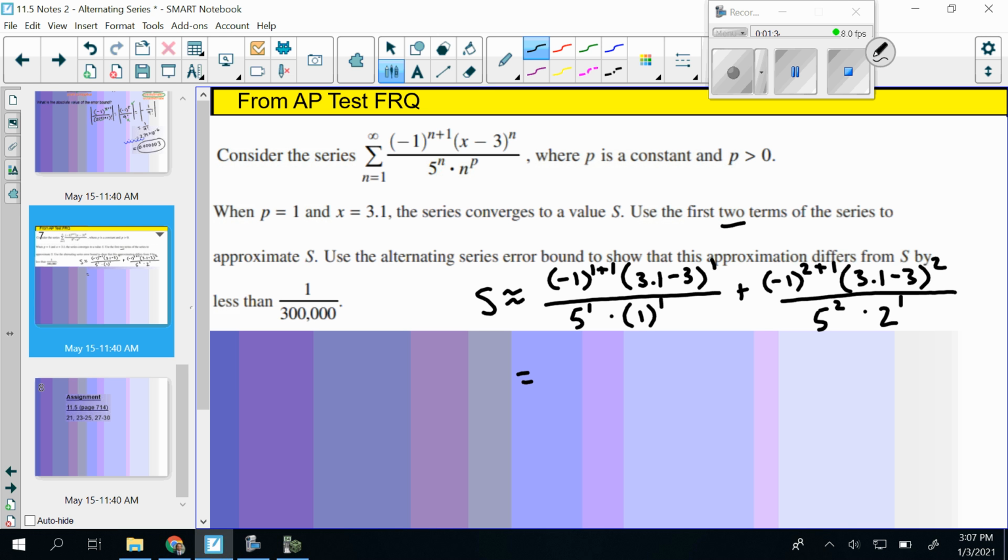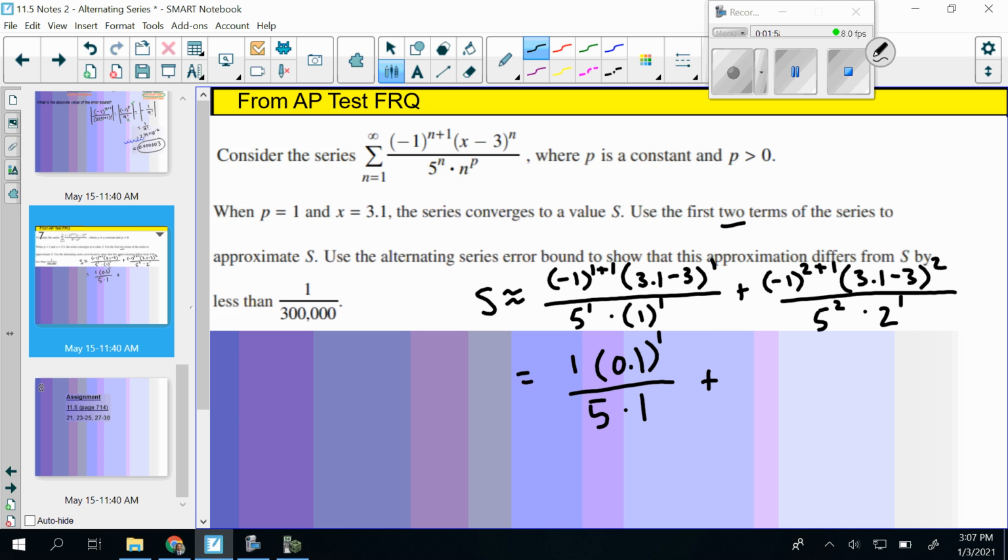On top, negative 1 squared is just going to be a positive 1. 3.1 minus 3 is going to be 0.1 to the first power. On bottom we got 5, and 1 to the first power is just 1. So it looks like that's just going to give us what we got there.